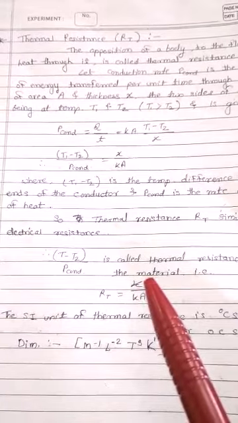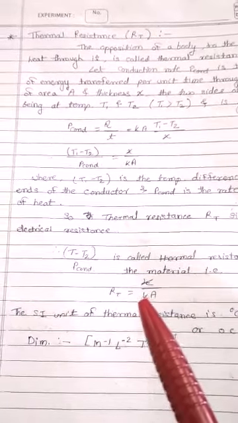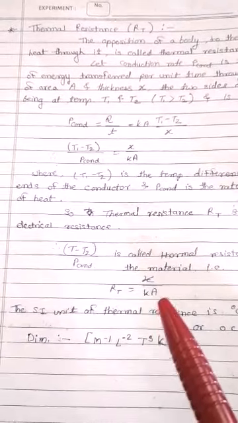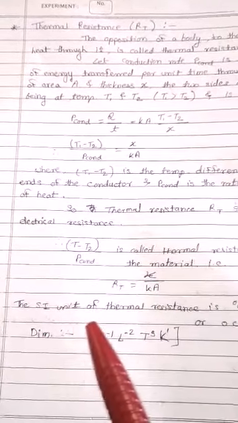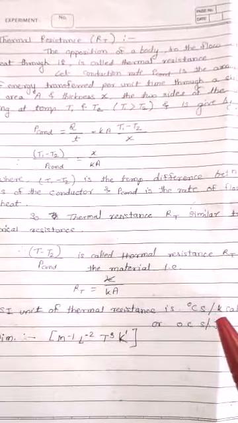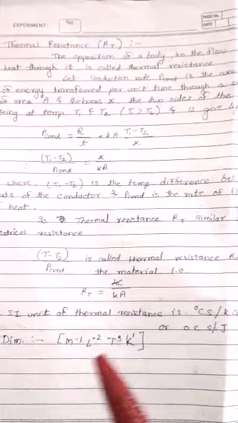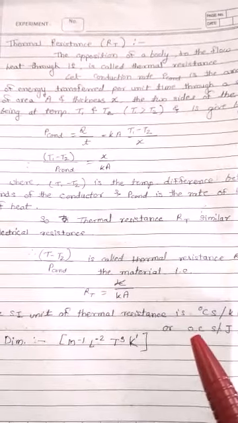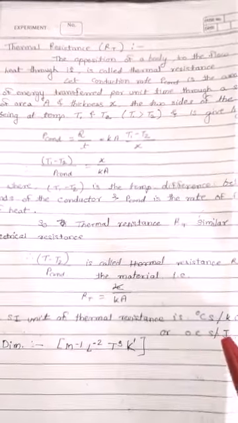Here X means the thickness of the slab, K is the coefficient of thermal conductivity, and A is the area of the slab. The SI unit of thermal resistance is degree Celsius second per kilocalorie, or degree Celsius second per joule.